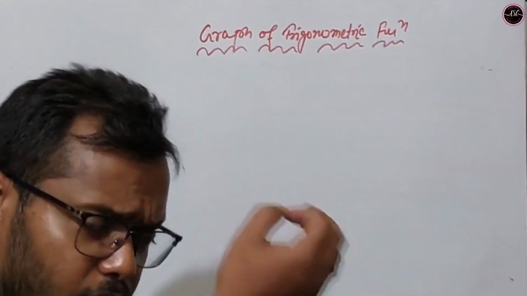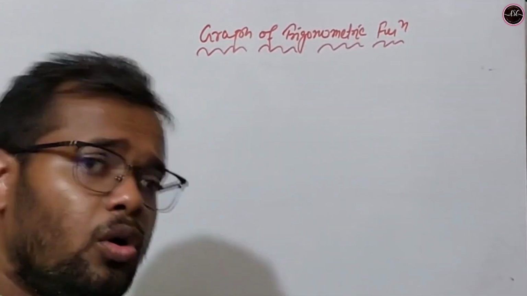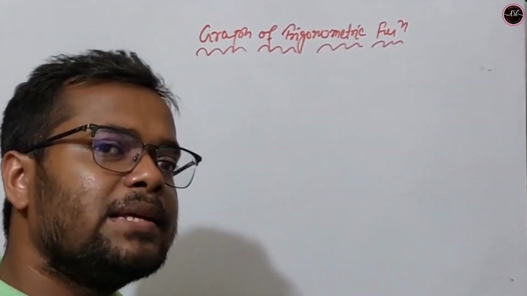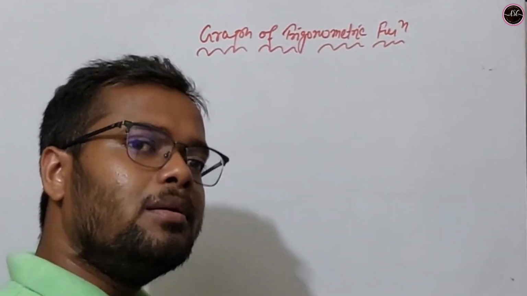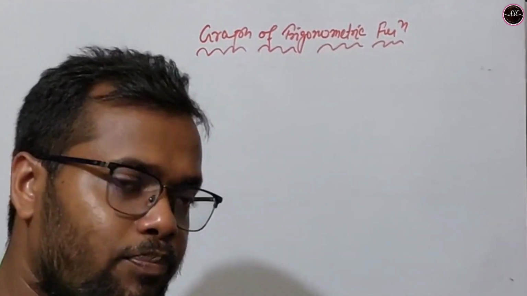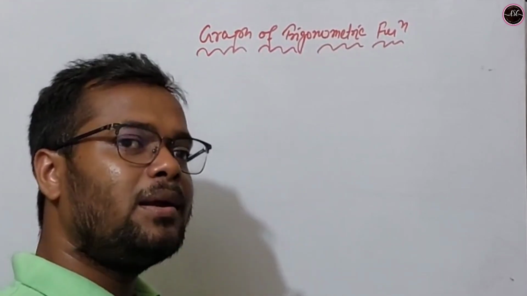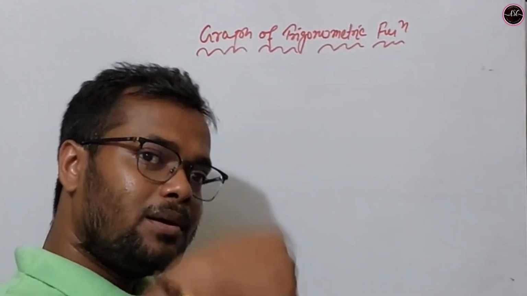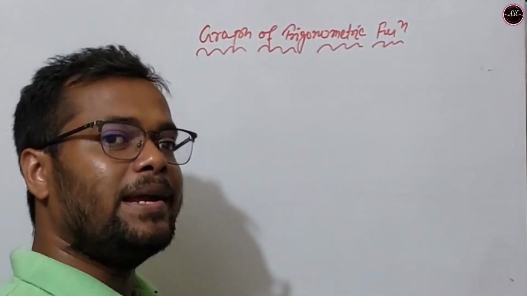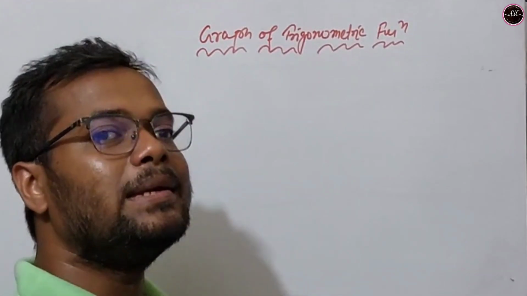Similarly, the values of cosec x and sec x will repeat after the interval of 2 pi. But tan x and cot x values will repeat after the interval of pi.